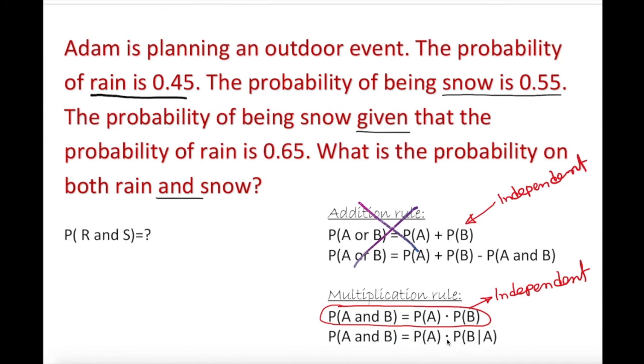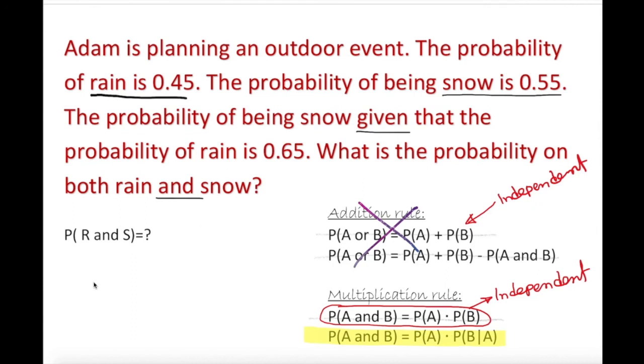We are more interested in this one, the one matching the conditional.